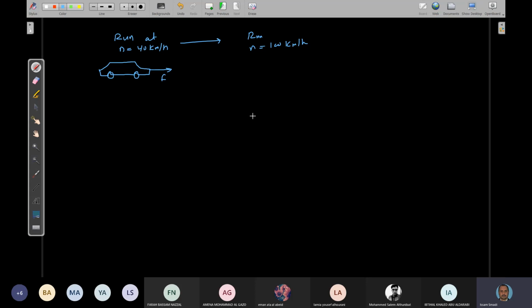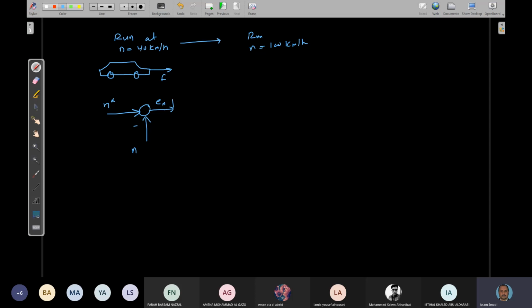So simply, if you have a speed control, which virtually you have in your brain, this is n star, and this is n, and this will be E of n.